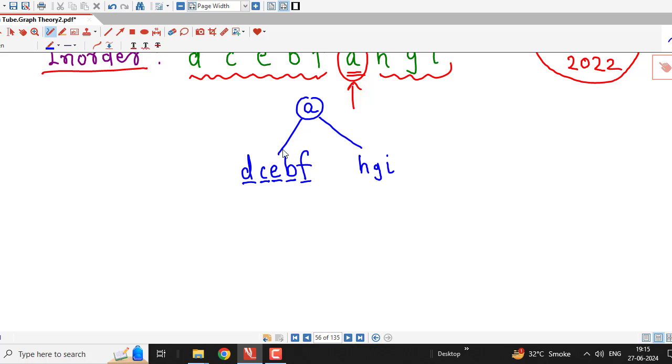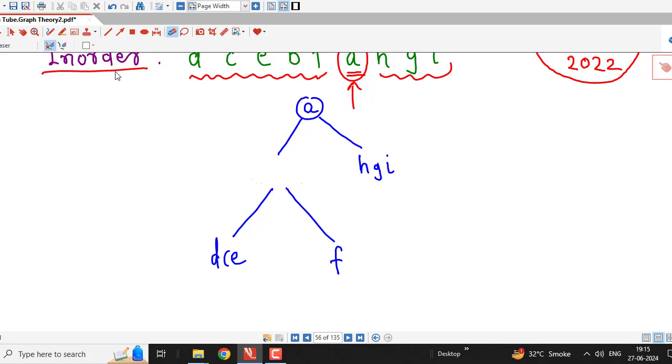So here I will put B as a left child of A, and we can see that to the left of B we have this DCE. So I will write that to the left of B, and here I have this F, and here I will write B only. So let me write properly.